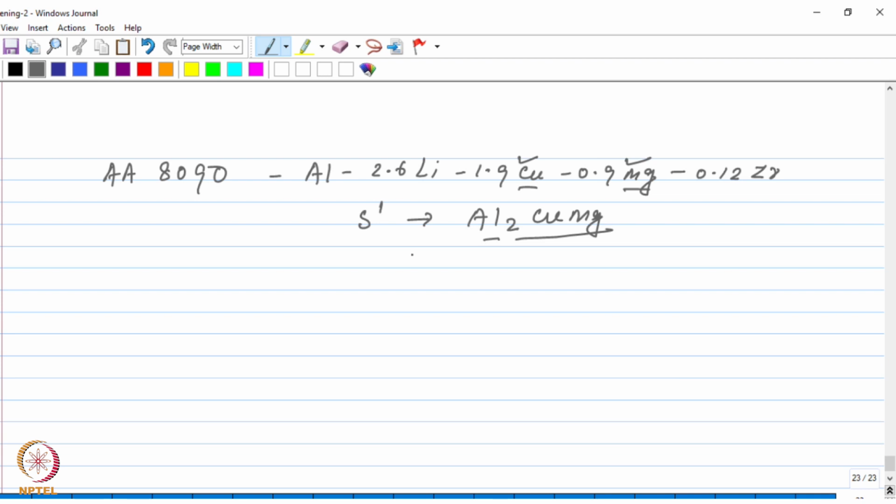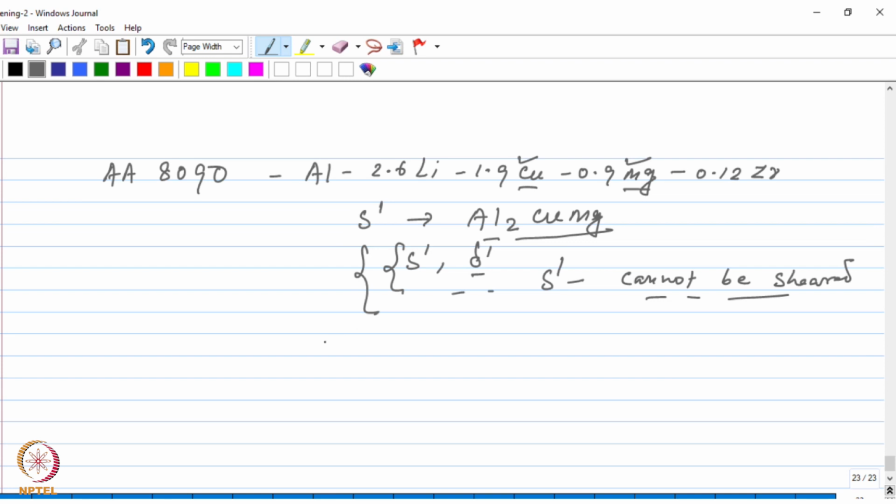So you have additional contribution coming from these S prime precipitates apart from the delta prime. And another advantage is that the S prime precipitates cannot be sheared, unlike the delta prime precipitates. So here you can expect some improved ductility, but even then, it was difficult to overcome the fracture toughness problem.